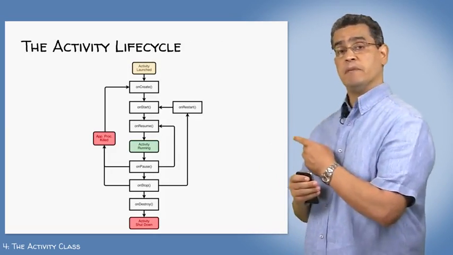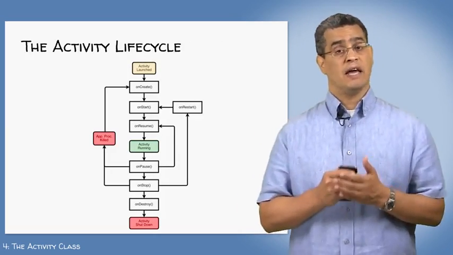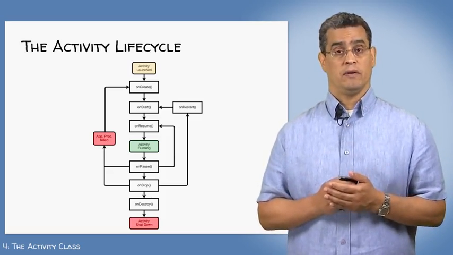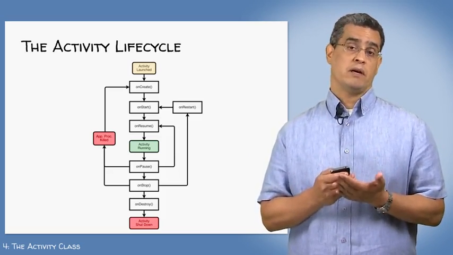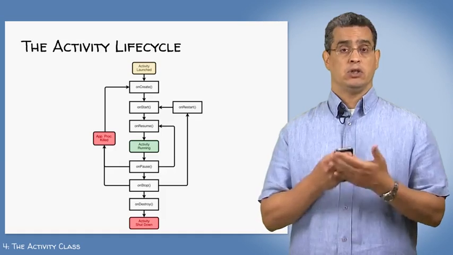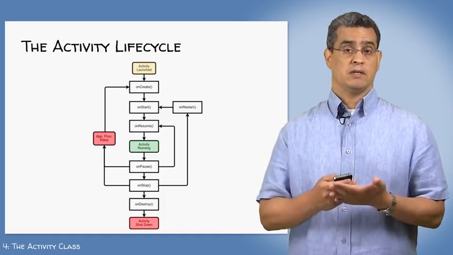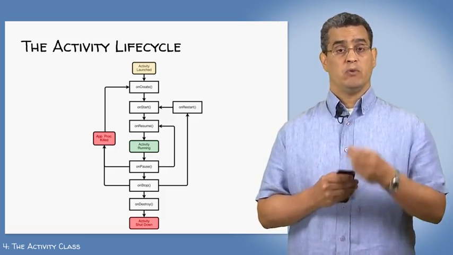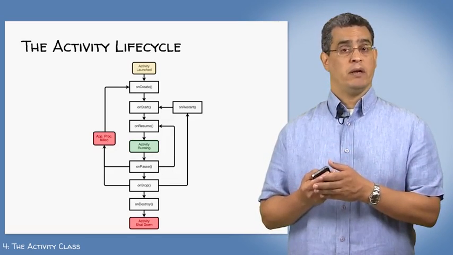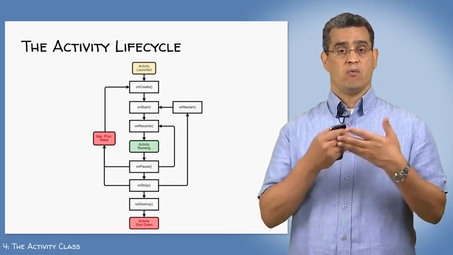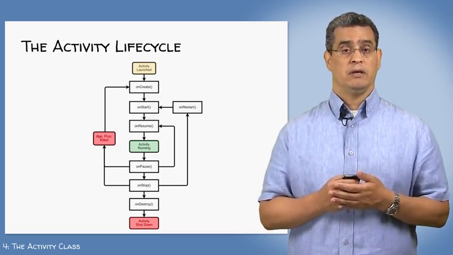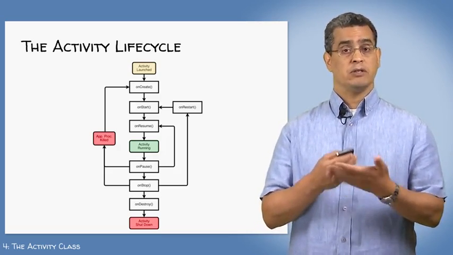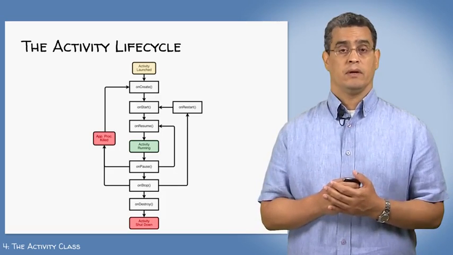This graphic depicts the orders in which activity lifecycle methods can be called. The important thing to remember here is that Android applications don't work completely by themselves. Instead, there's a clear back and forth collaboration between your application and Android. And you have to understand the rules of this collaboration if you want your Android applications to function properly.